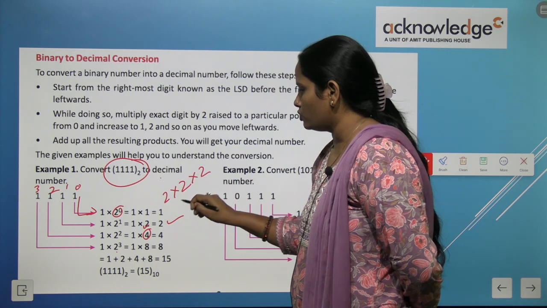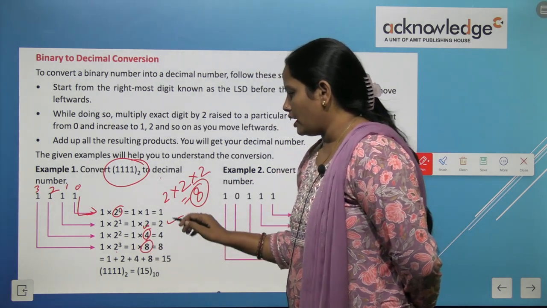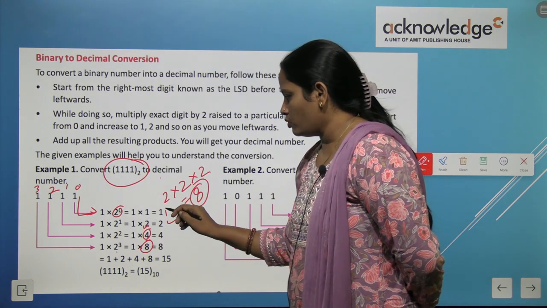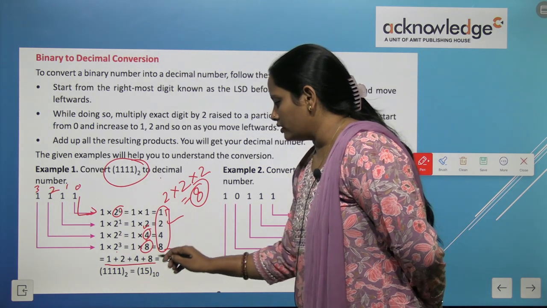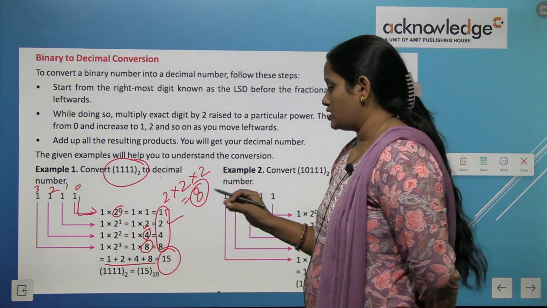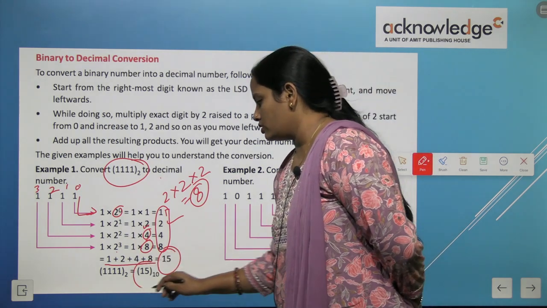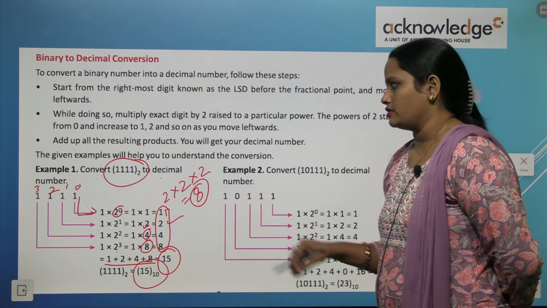So when we multiply 2 three times, we get the answer 8. So here 8 is written, and these are the numbers. So when these numbers come, we have to add them, and the number that we get here is the decimal number that we are getting. So here 15 to the base 10 is the answer.